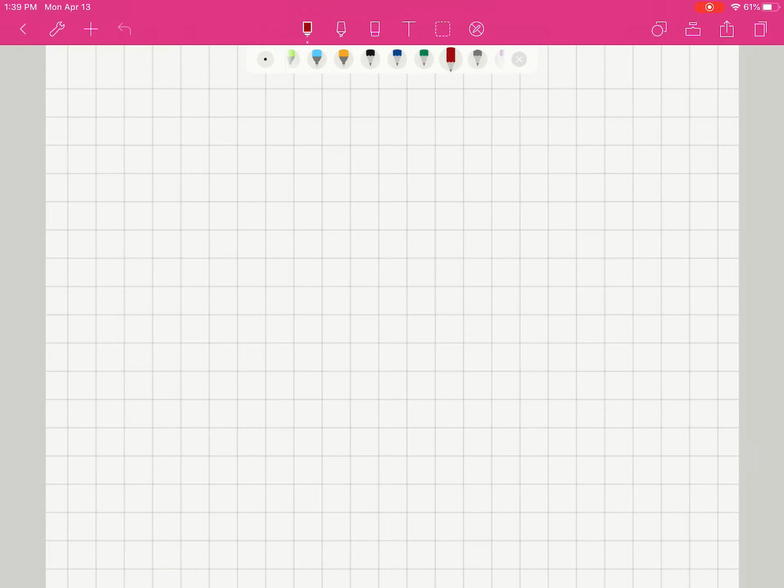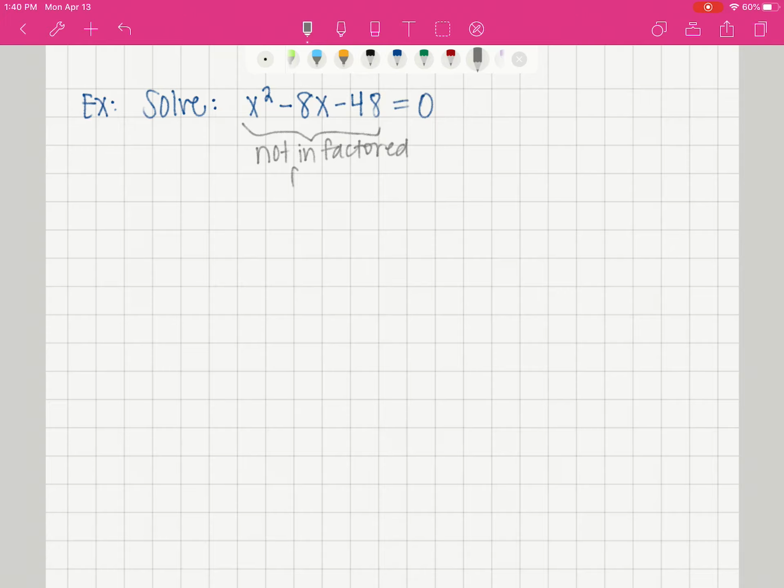So the next example says solve x squared minus 8x minus 48 equals 0. This is not in factored form.